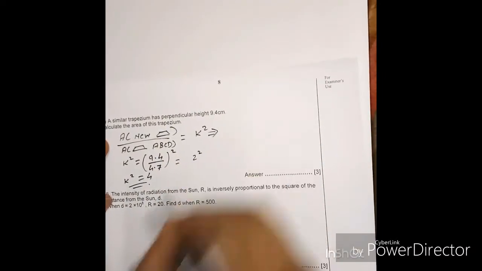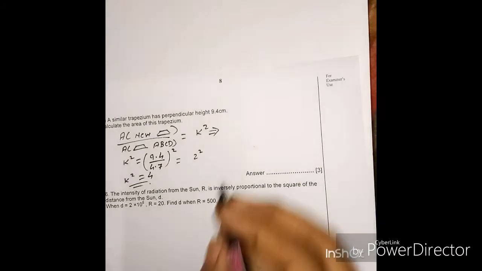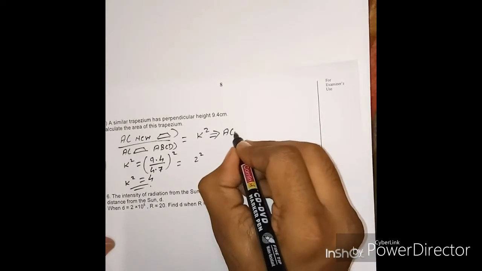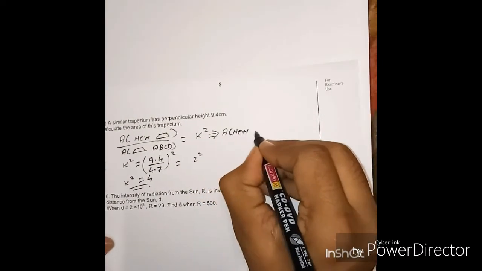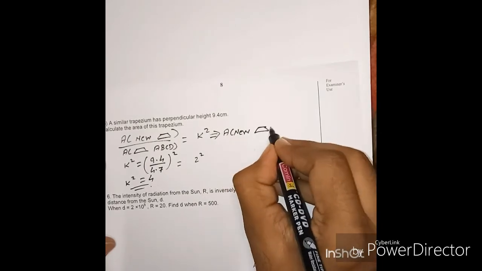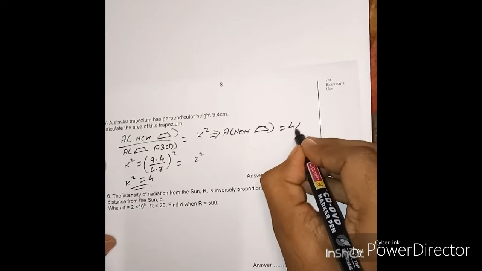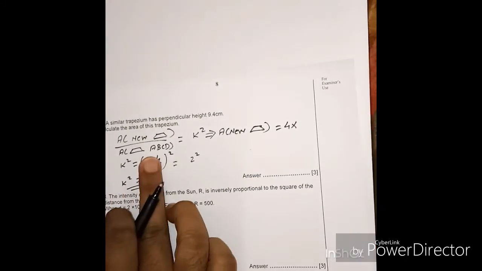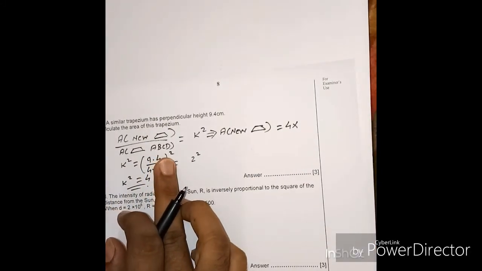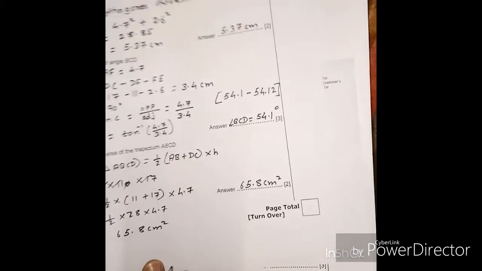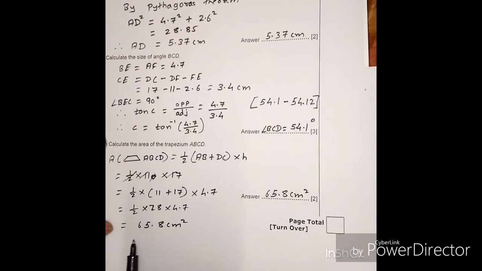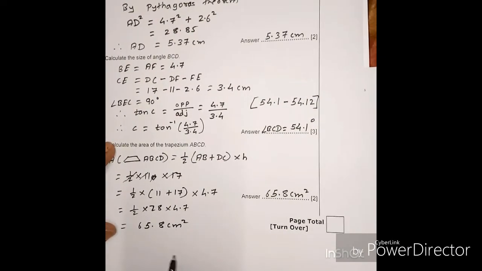so this will be carried forward and I will get value as area of new trapezium will be equal to, I know that k square is 4 into area of trapezium ABCD. As in previous question we have got the value of area of trapezium as you all can see, it is 65.8 centimeter square.